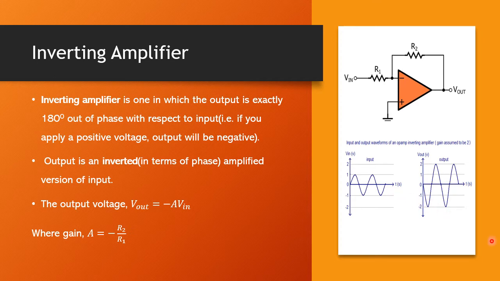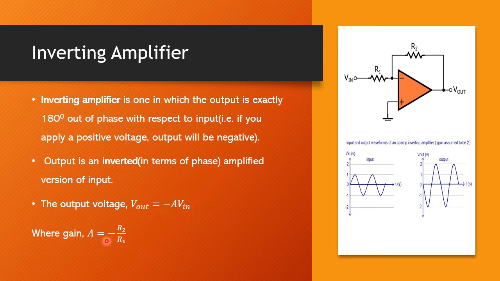This output is amplified to twice, so here the gain is twice. If the input is 1 volt, the output magnitude is 2 volts. That is the gain, represented by A. That value depends upon the resistors R1 and R2. So the output voltage V out is minus A times V in.